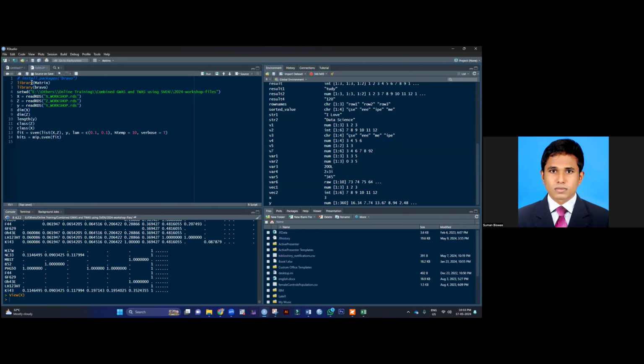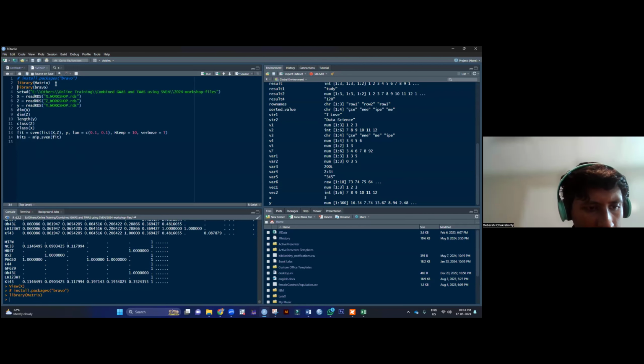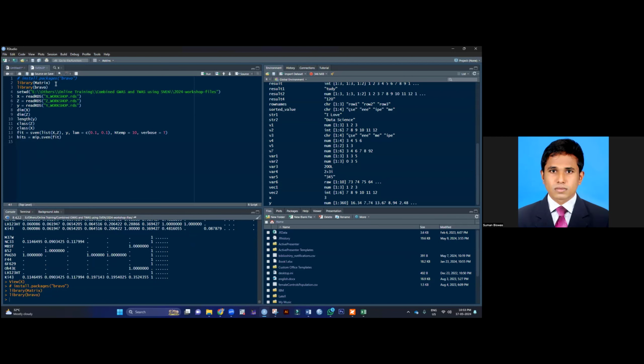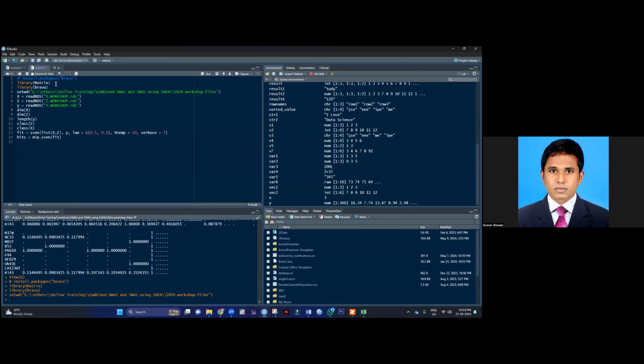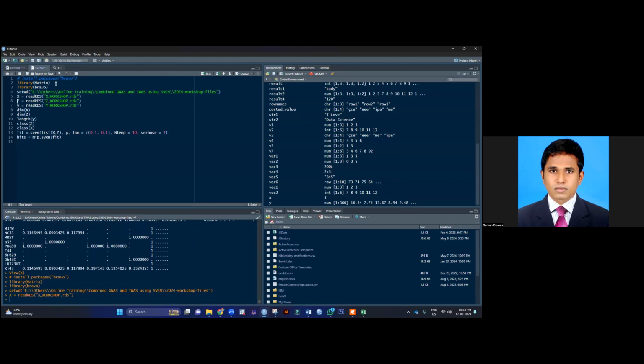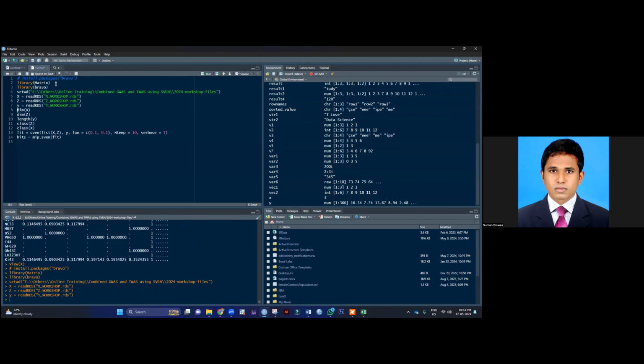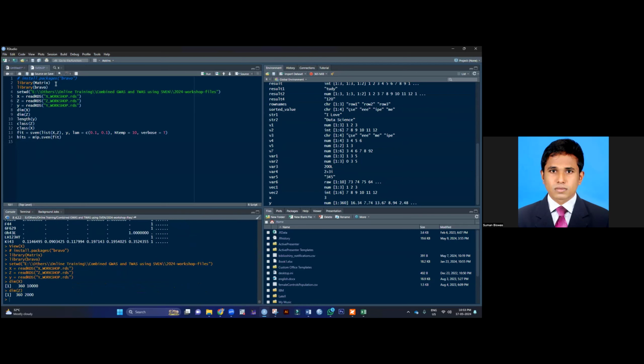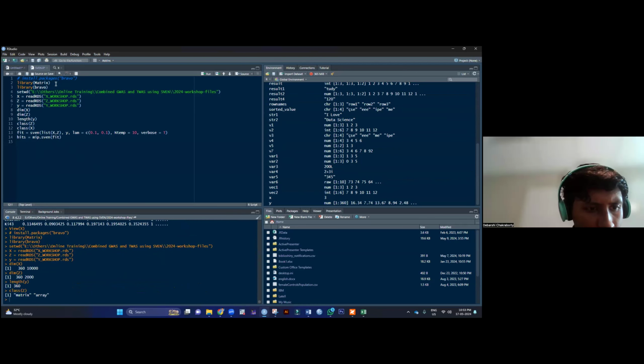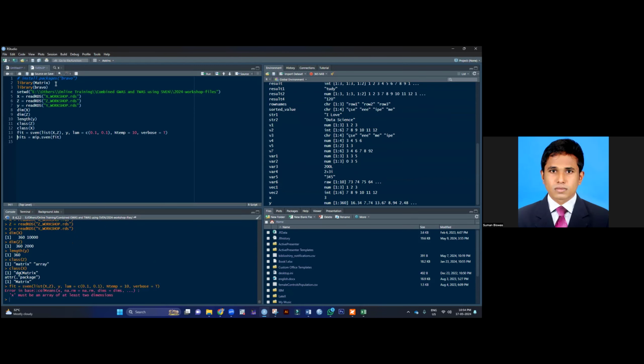First, I have called the library Matrix as well as the other function. Then I have set the working directory where I have stored all the data you shared earlier, and then run the code one by one and checked the dimension or length of different variables as well as the classes. And finally, when I ran the hits, I got this error. I don't know why. Oh, okay.